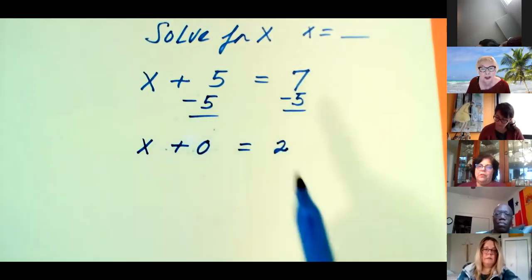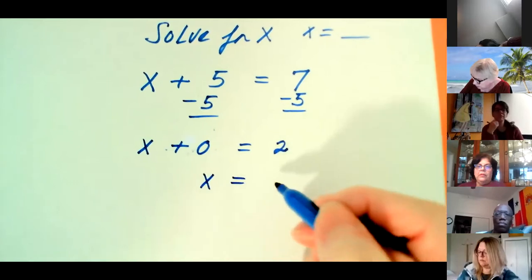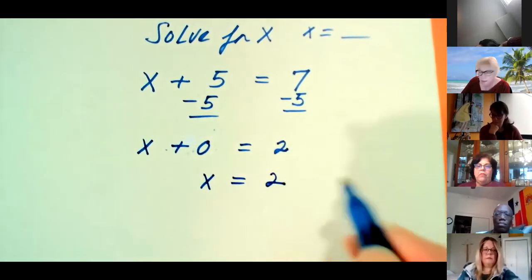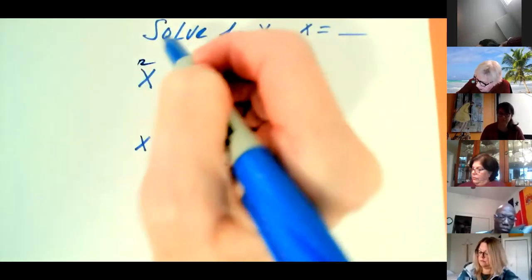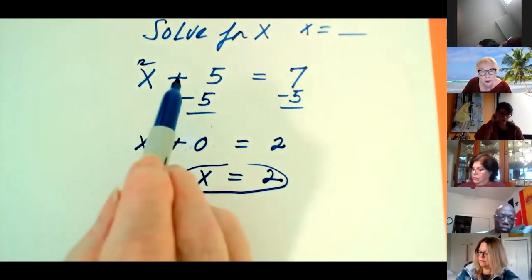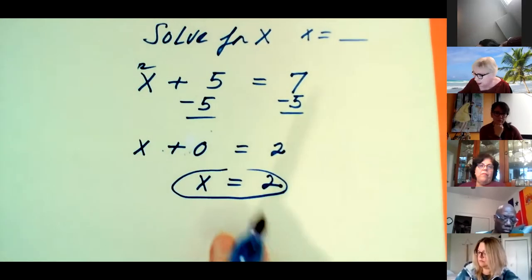So you've got to do it to both. Now X plus 0 is X. And when you're done, your answer, when you put it back here, the 2 and 5 is 7, will check.